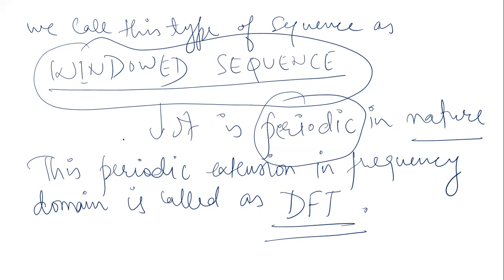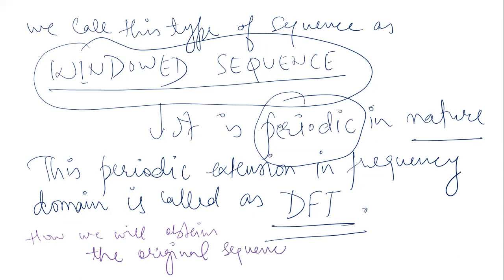Okay, now my question is how we will obtain the original sequence, which was Xn. How will you obtain this Xn?